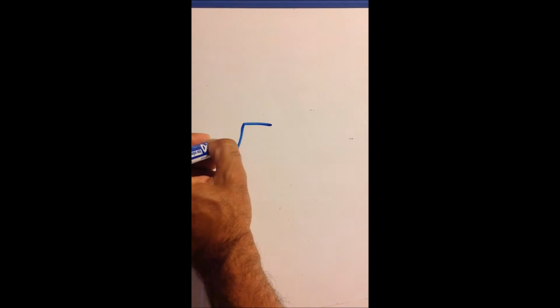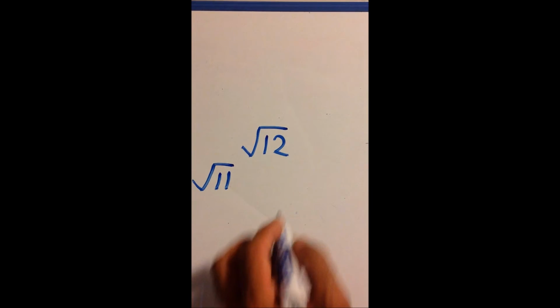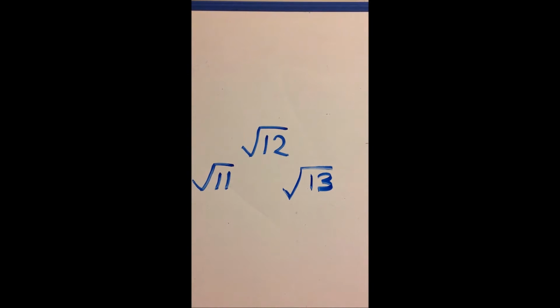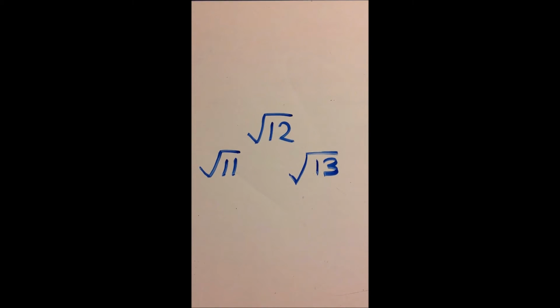Okay, let's do another one. To the nearest integer, let's say we had the square root of 12. So we have the square root of 11, that's irrational, and the square root of 13 is irrational. So we're not getting an integer. We need to know a perfect square to give us an integer.